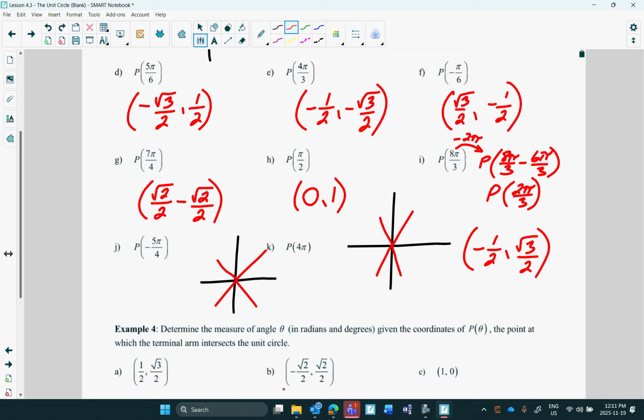So this would be negative pi over 4, this would be negative 3 pi over 4, this would be negative 5 pi over 4, which is what I'm looking for. So what's the point here? Root 2 over 2, and then root 2 over 2. Correct.